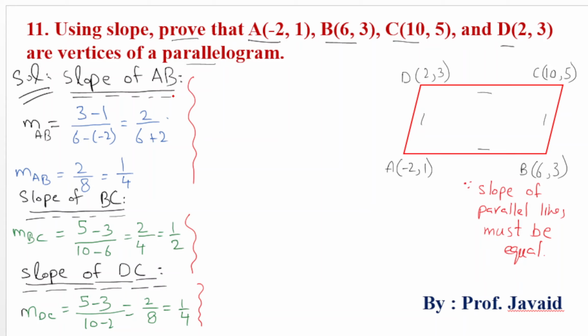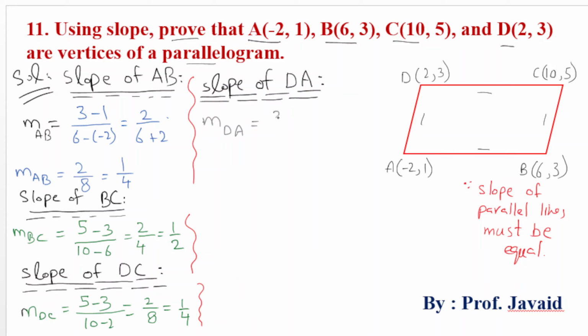You can ask any question if you face any problem or feel any difficulty. Okay, the last one, slope of AD or DA. Whatever you want to write, you can write. Let me write DA, y2 minus y1.